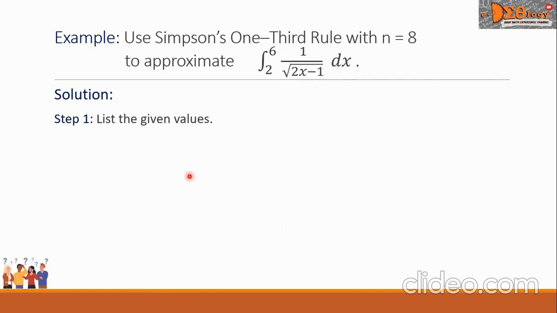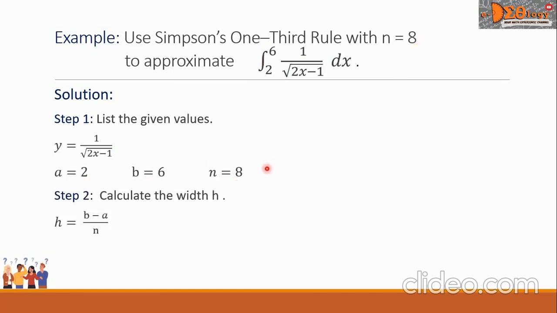First, let us list the given values. Our function, or the y, equals 1 over the square root of 2x minus 1. The a and b are the limits of integration with values 2 and 6 respectively. The n is equal to 8.